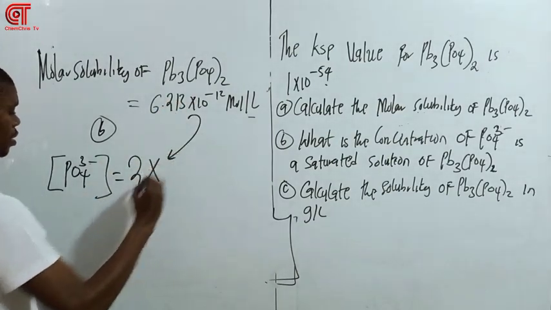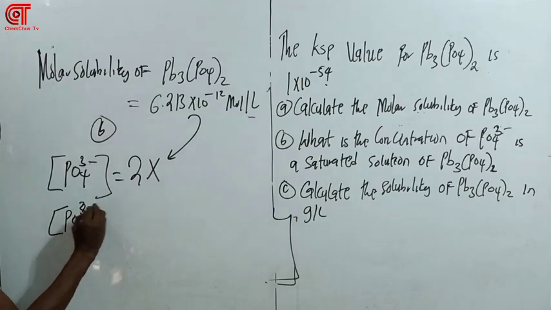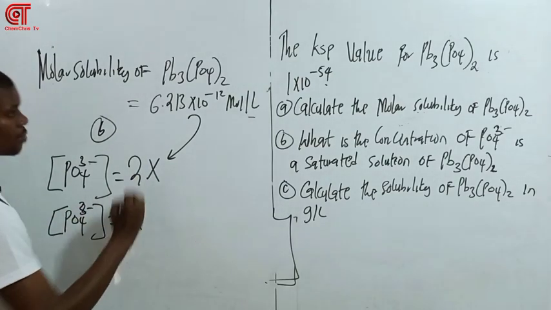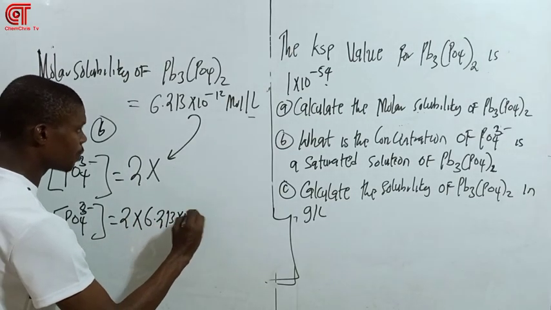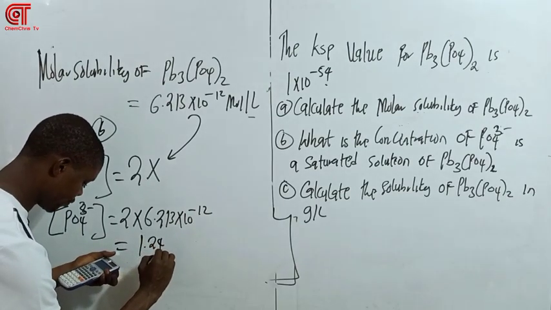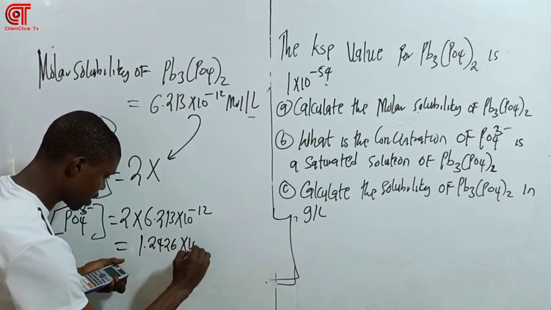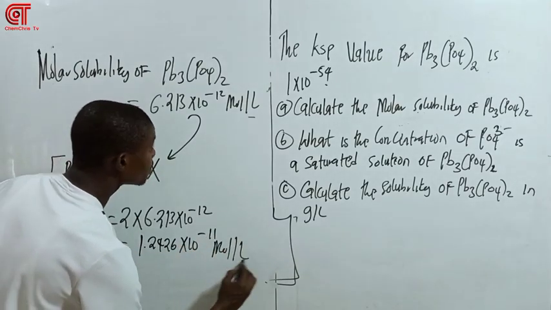So you input this one here. So you have PO4 3 minus equals 2 times 6.213 exponential minus 12, which is 1.2426 exponential minus 11 mole per liter.